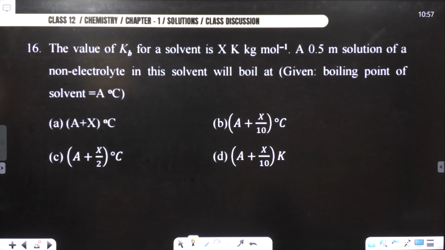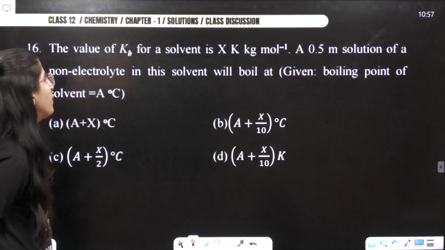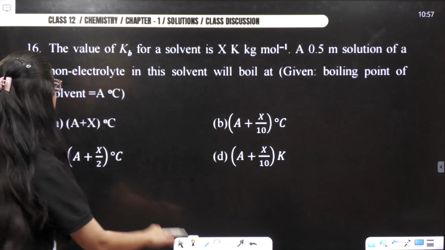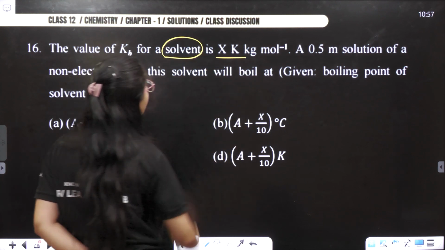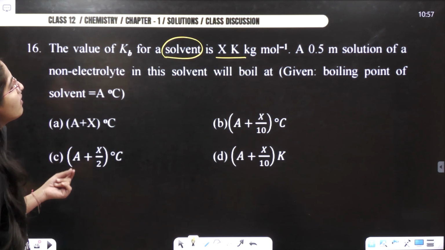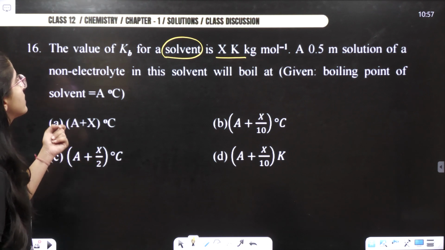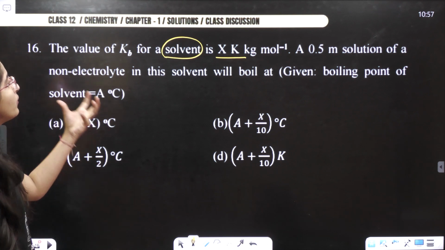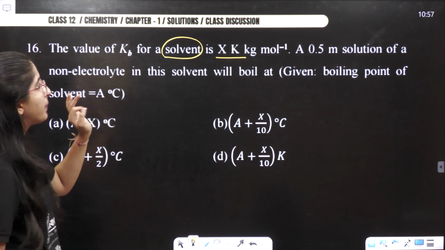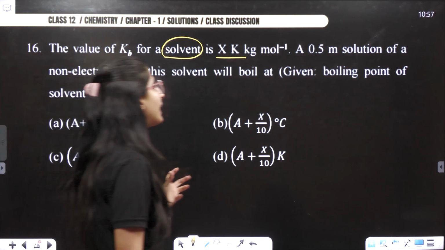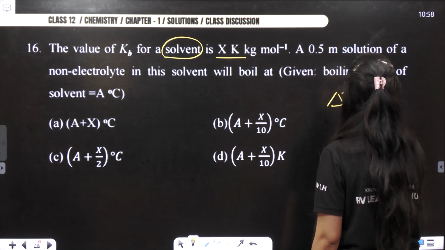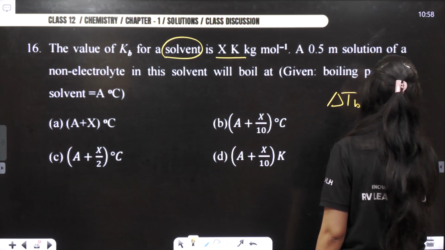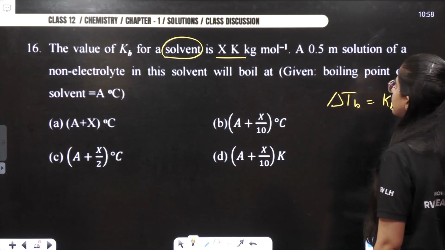Next question. The value of Kb for a solvent is x. So the Kb value of the pure solvent is x, and a 0.5 molar solution of a non-electrolyte, this solvent will boil at what temperature, they are asking. So here there is elevation in boiling point, which will be equal to Kb into molality.